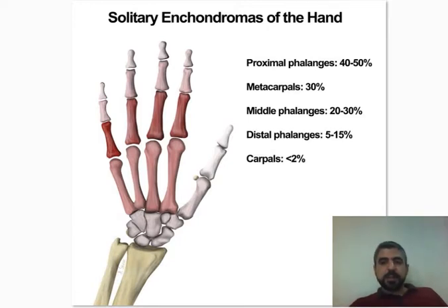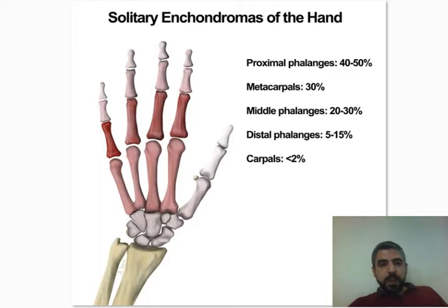Most of the time it is discovered as an incidental finding during imaging for other reasons. Sometimes it's discovered due to a pathological fracture. Usually it is rounded, intramedullary, well defined, with a narrow zone of transition, and it might have some cartilaginous type of calcification like rings and arcs.